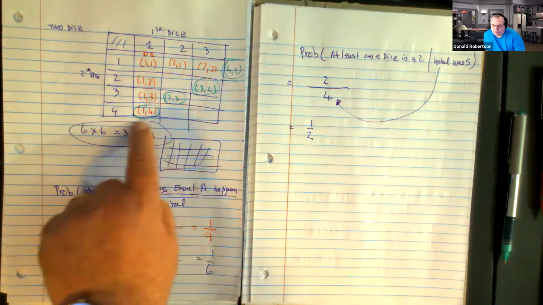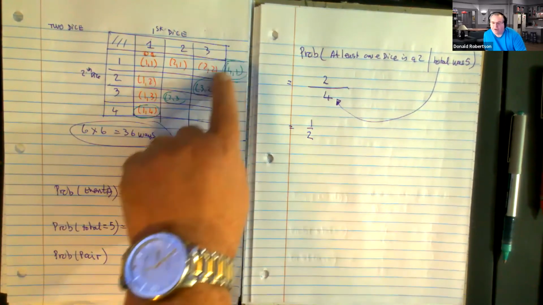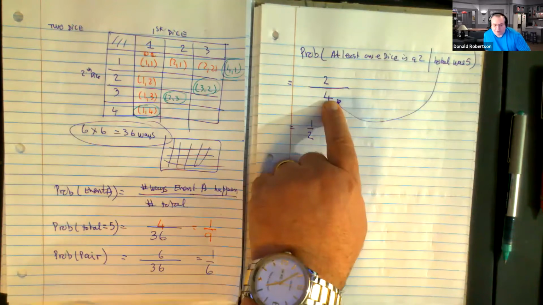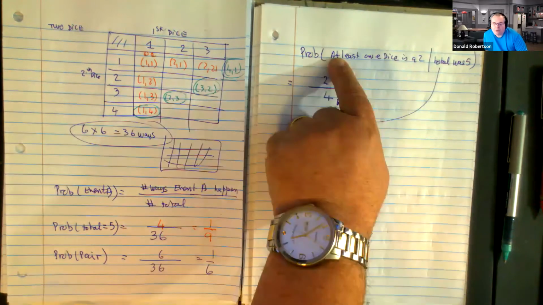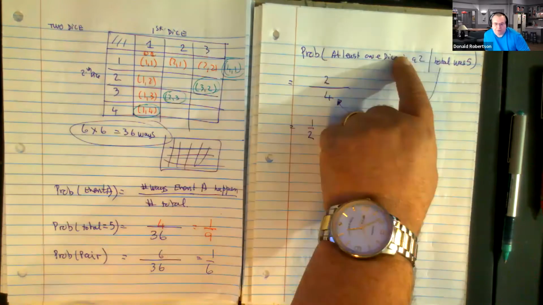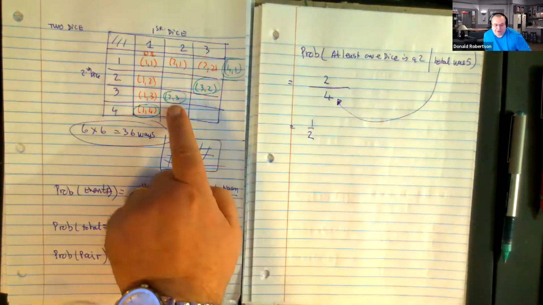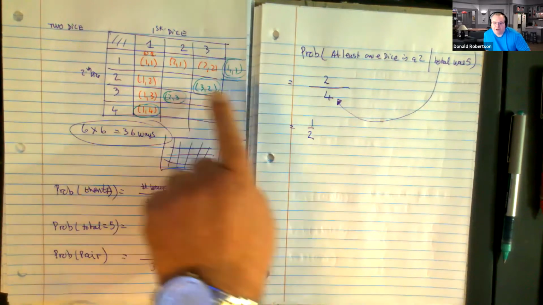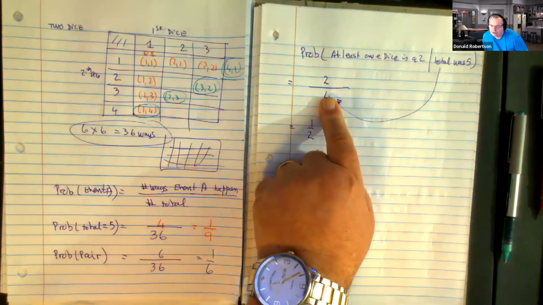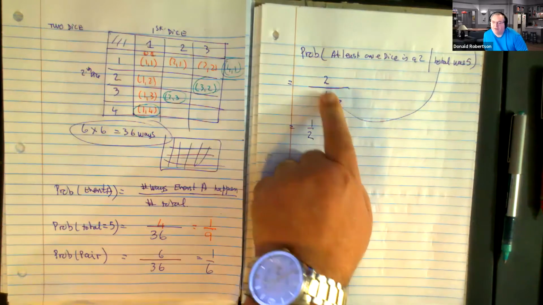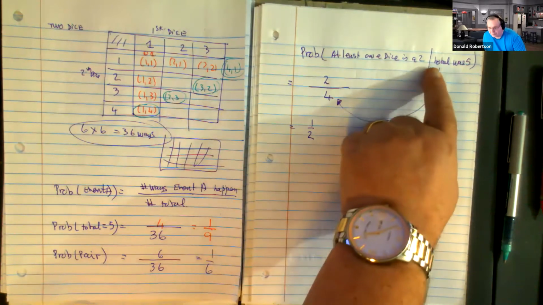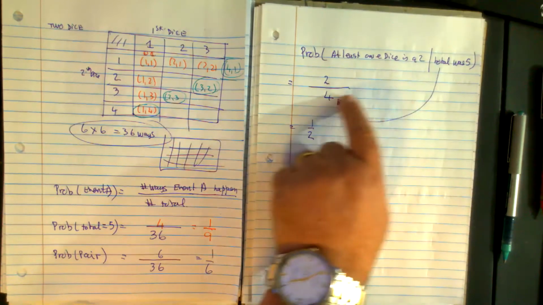So if I tell you, given that the total is 5, then the bottom number is those 4 ways. And now I look at only those 4, nobody else. How many of them have a 2 in it? That's essentially what that's saying. This one has a 2 in it, and that one has a 2, and that's where the top number came from. So the bottom number is how many ways could you get a total of 5, and the top is, of those 4, how many of them have a 2?